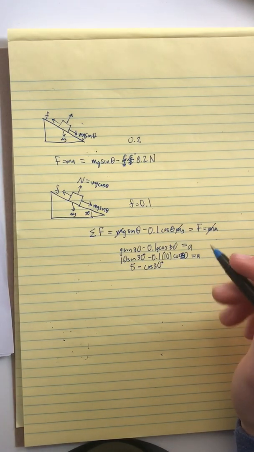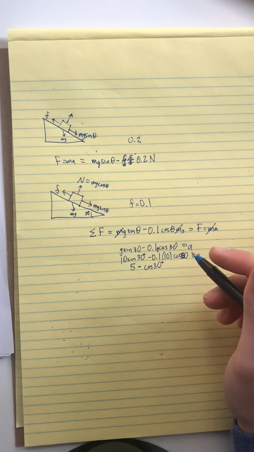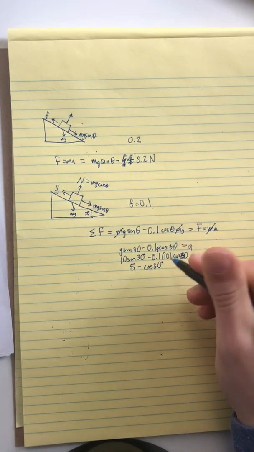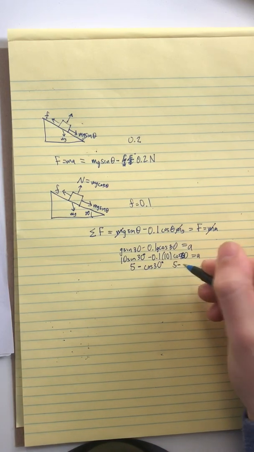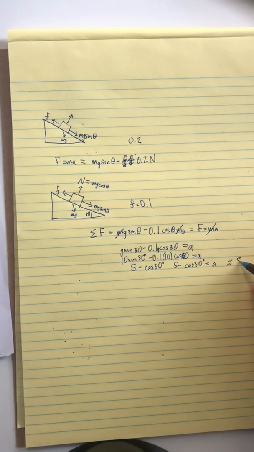And cosine of 30 is approximately 0.8 or something like that. So 5 minus cosine of 30 degrees equals a, which is approximately 5 minus 1, which is approximately 4.